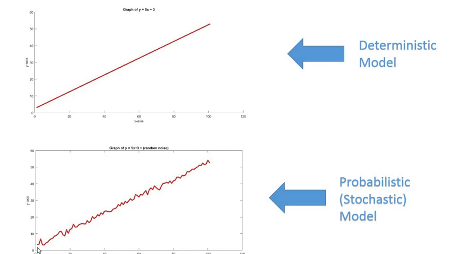As you're looking at this graph, you can see that as x increases, y is also increasing. So there is that deterministic relationship. However, there are also small variations that exist within the model. These are the probabilistic, and we call this one random noise.